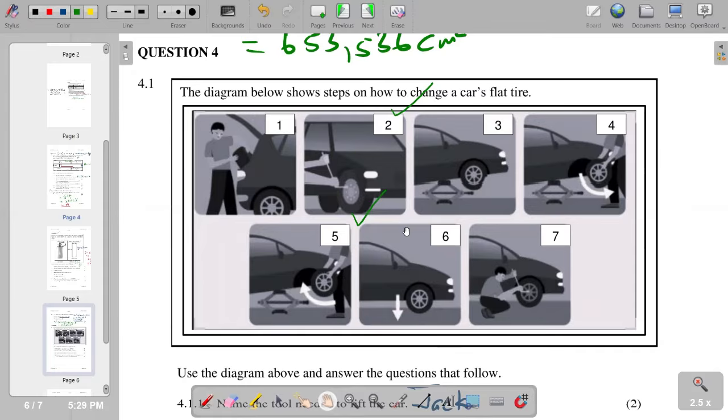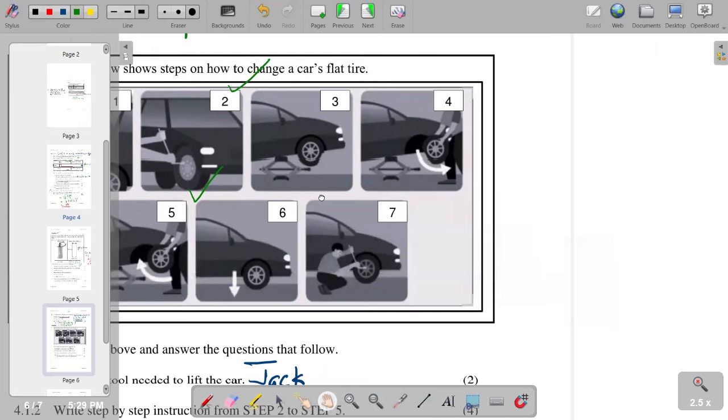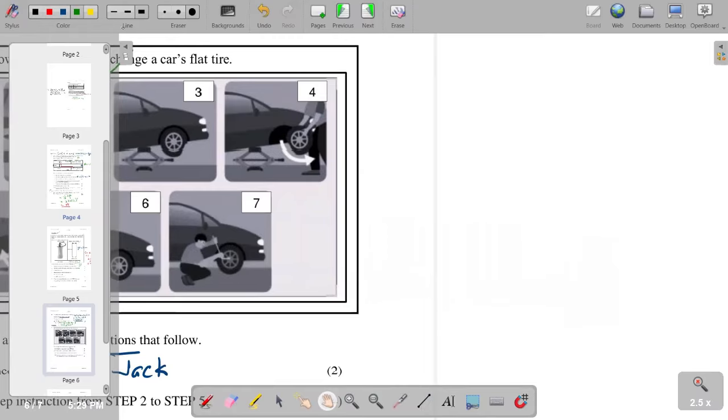Step 2, we can see that the person is unscrewing the nut using a spanner, the screws are being removed. So I'll indicate that this is now step 2. Step 2 is unscrew the nut using the spanner.